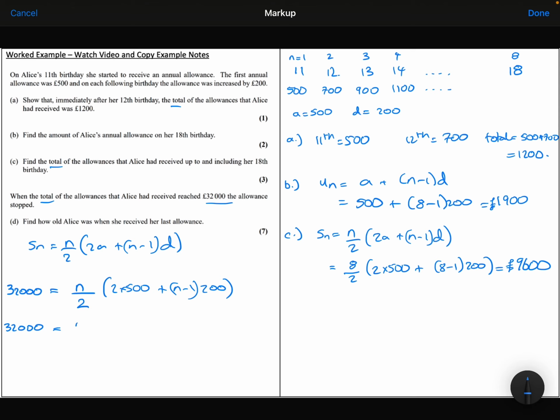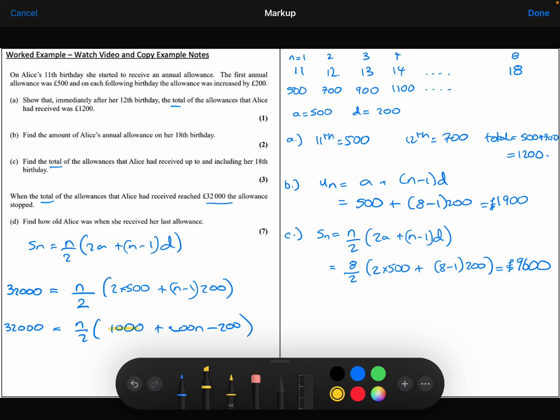So let me tidy up the inside of those brackets there. So I've got 1,000 plus 200n minus 200. The 1,000 minus 200 is just going to be 800.